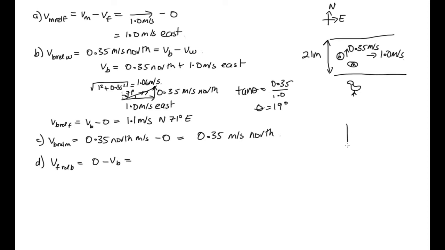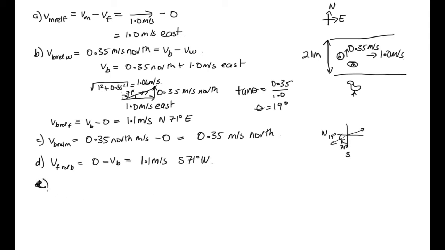So when we consider before it was going that way, now it's going, this is 19 degrees in there, and so this is the angle that we need, 71 degrees, and that's southwest. So this is equal to the same number, 1.1 meters per second, but it's now south, 71 degrees west.